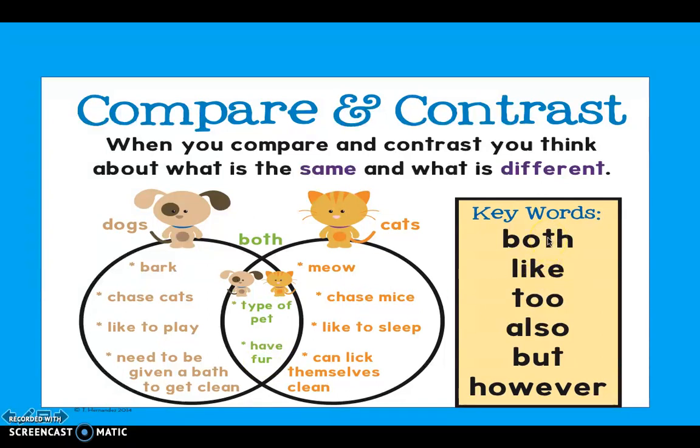When you're reading and you're trying to compare and contrast, it's often helpful to look for key words within the text that you're reading. So if we see key words like both and like and to and also, those keywords usually signal your brain to know that, oh, they're comparing the two topics right now.